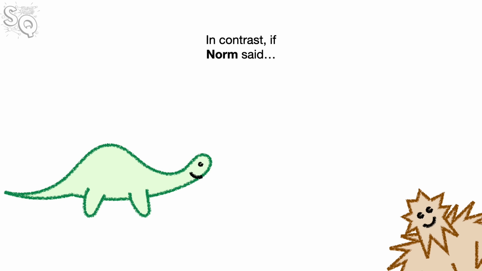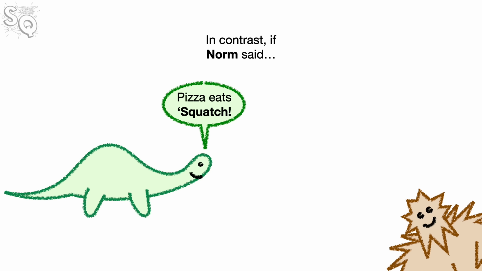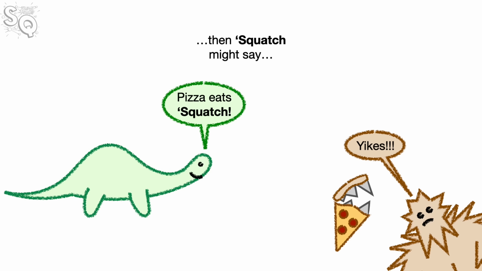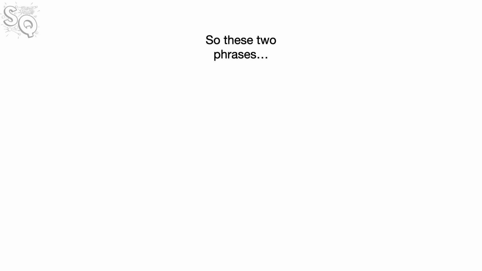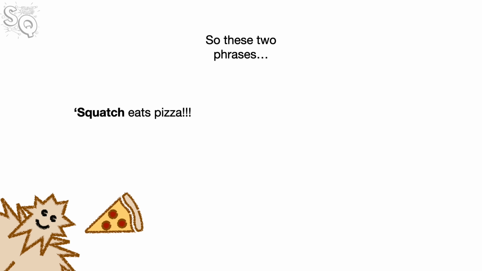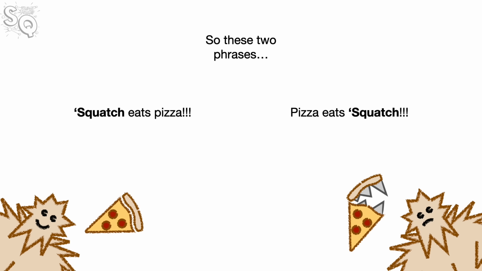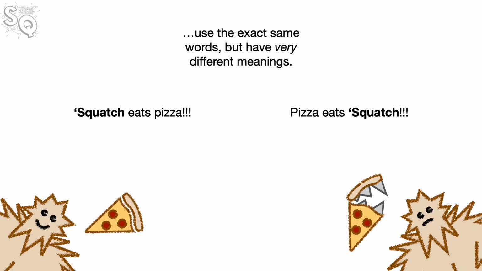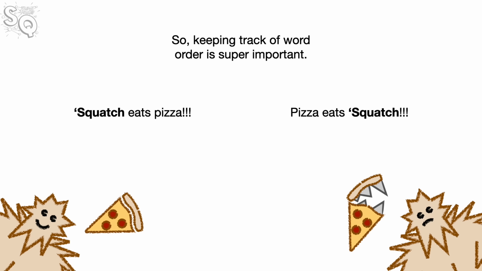In contrast, if Norm said, "Pizza eats Squatch," then Squatch might say, "Yikes." So these two phrases, Squatch eats pizza and pizza eats Squatch, use the exact same words but have very different meanings. So keeping track of word order is super important.